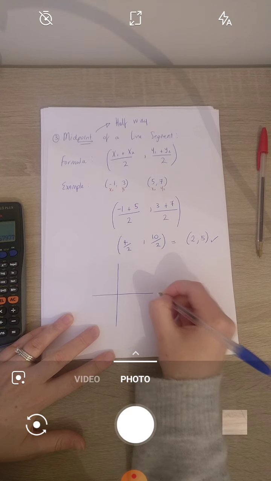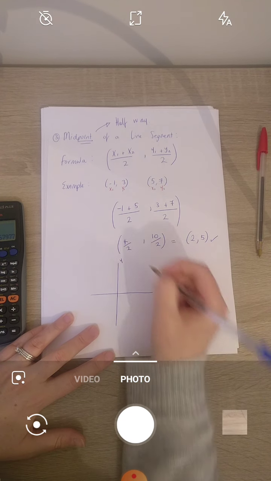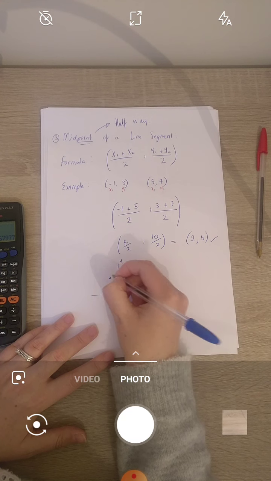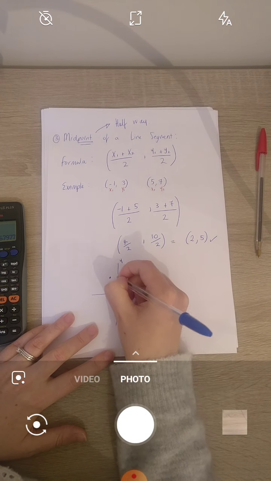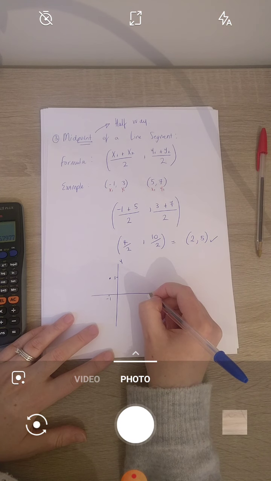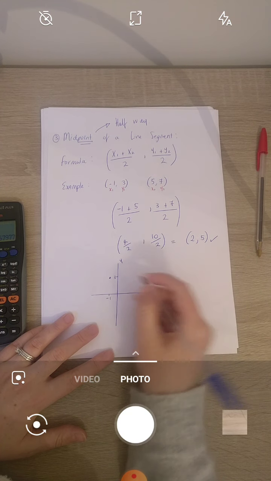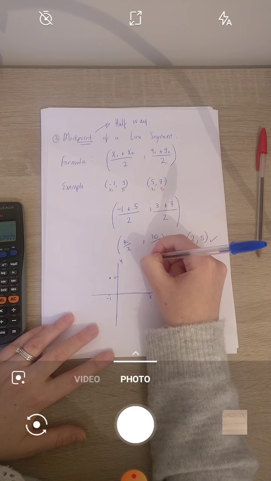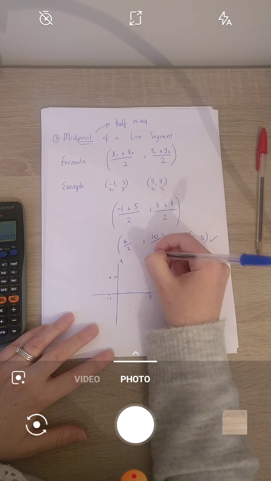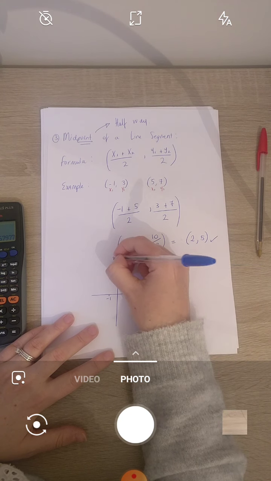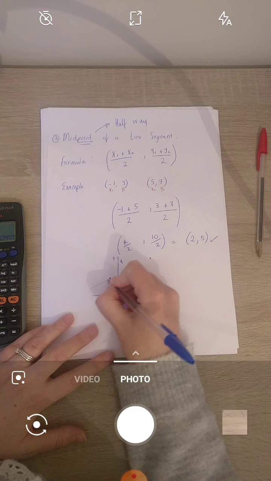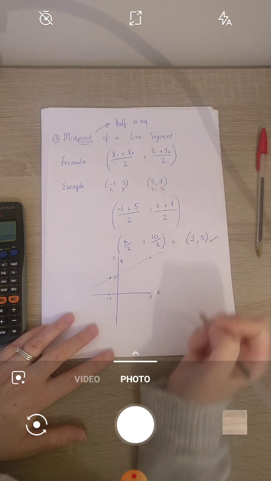Let's just quickly look at the sketch. Okay. If we've minus 1, 3, that's going to be up here. Minus 1 and 3. 5 and 7, so 5 would be, say, here. Again, mine's not going to be accurate. 7 would be up here somewhere. Okay. So if we have our 2 points, that means this would be the line.